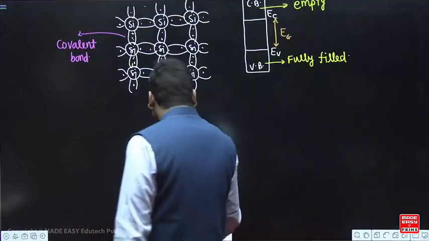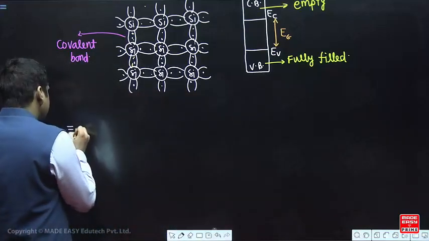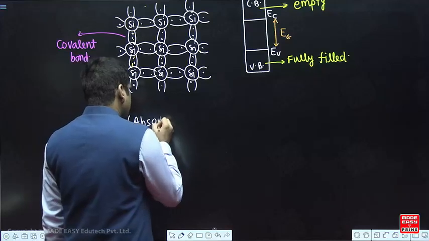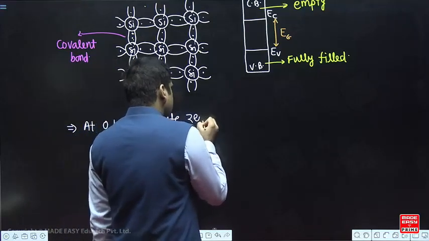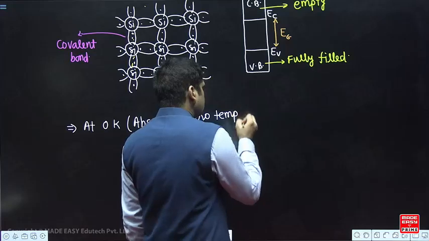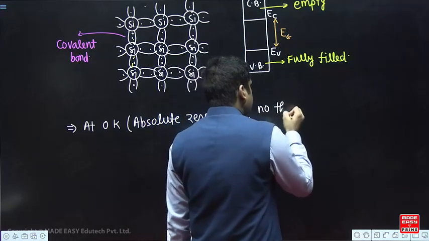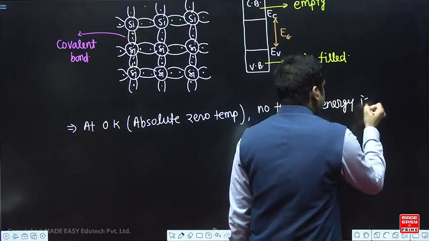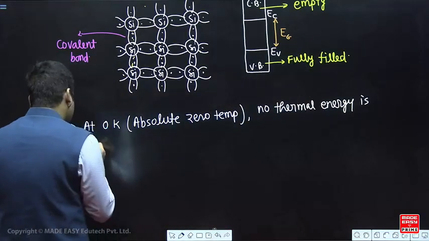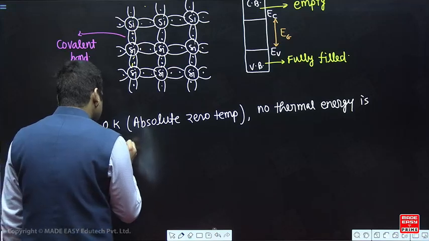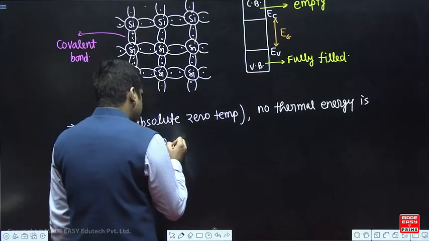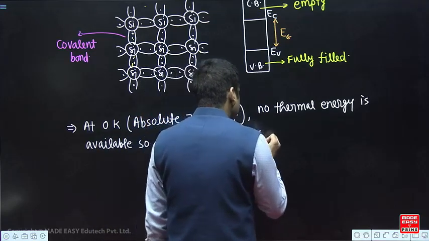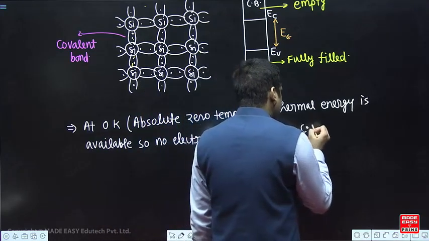So please note down, at 0 Kelvin, 0 Kelvin is known as absolute zero temperature. At absolute zero temperature, no thermal energy is available. So no electron can reach the conduction band.